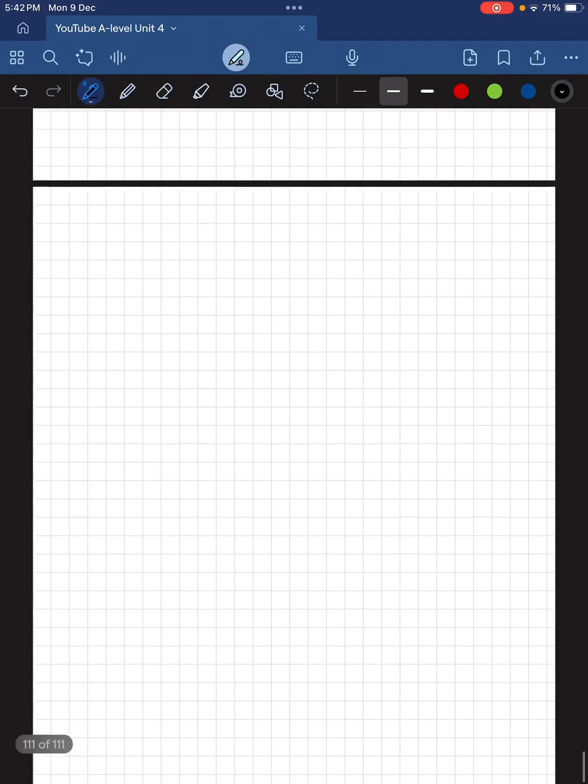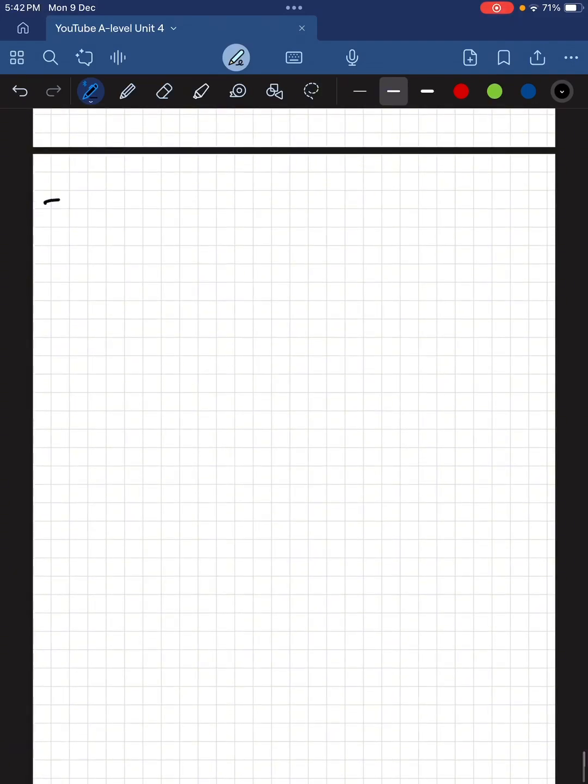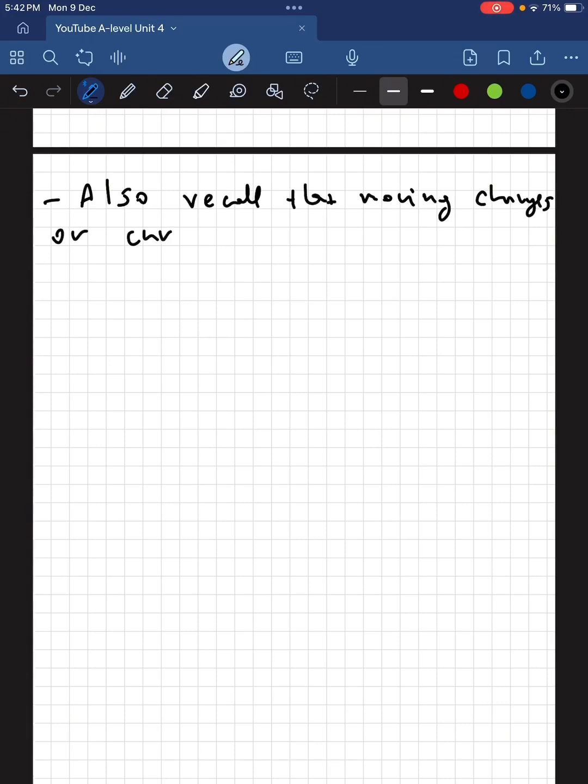Now, let us recall one more result from physics that we haven't mentioned yet. You probably know it from earlier physics lessons. Also recall that moving charges or currents create magnetic fields. I'm going to discuss two situations here.